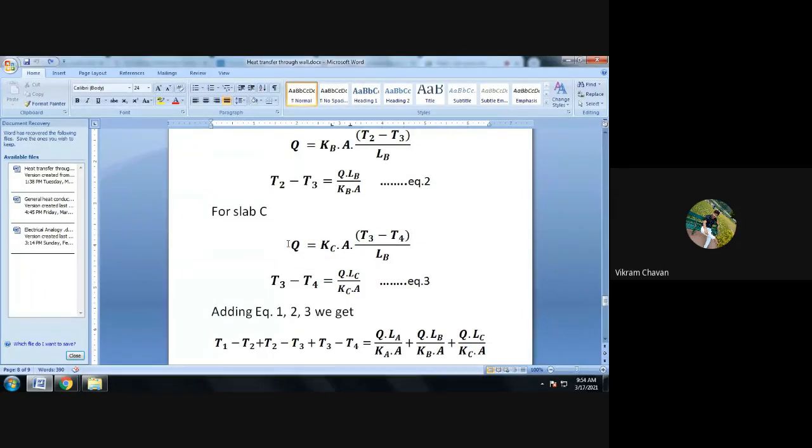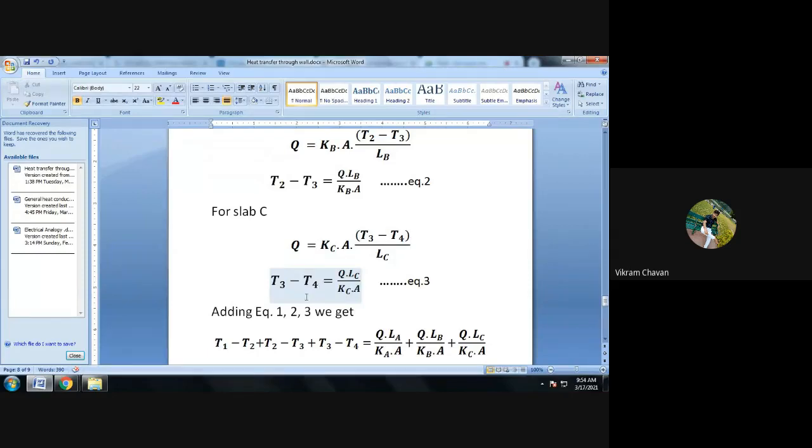So we will get the equation for the heat transfer through slab C: Q is equal to K suffix C multiplied by area multiplied by T3 minus T4 whole divided by L suffix C. Further, we rearrange that equation in the form of a temperature difference.